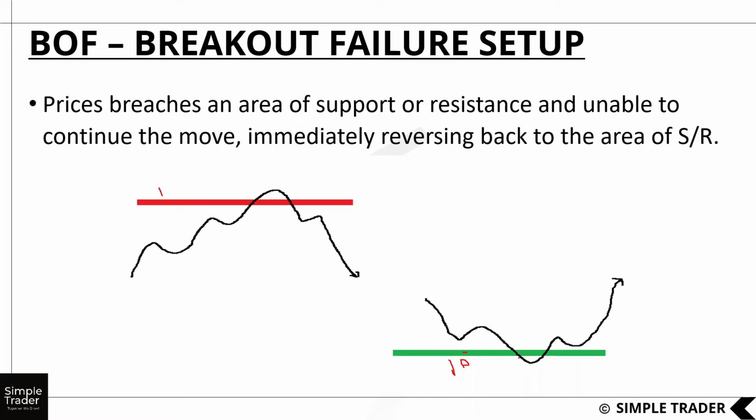So the price has to take out and it should immediately reverse to the zone. And the same applies for your positional trading. Your weekly zone is this and you want the 1-day candle to breach this zone and it should immediately reverse. Okay, so let me show you a few examples of how to qualify this.